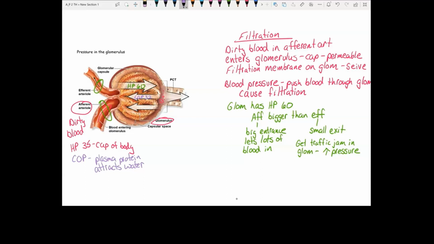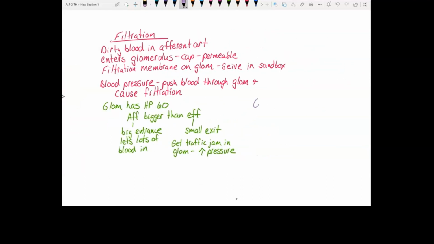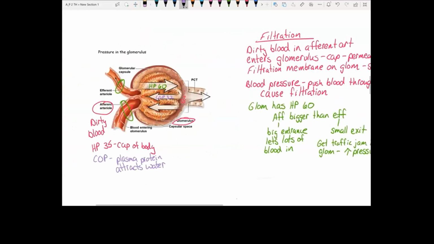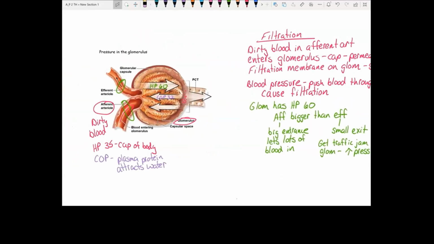So this is the plasma protein pulling water in. Okay, and notice they're opposite, just like in the capillary you studied in chapter 20. The hydrostatic pressure pushes out, colloid osmotic pressure pulls in.